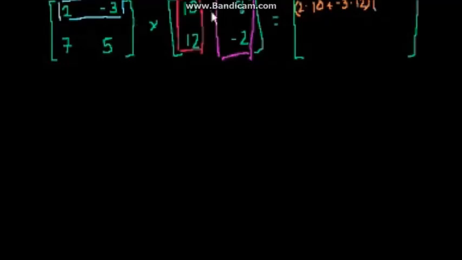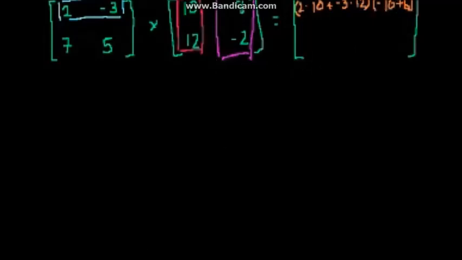Let me just write out the number. 2 times minus 8 is minus 16. Right? Plus minus 3 times minus 2. What's minus 3 times minus 2? That is plus 6. So that's in row 1, column 2. It's minus 16 plus 6.